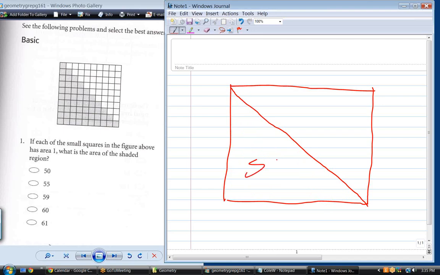We know this is 50, but there's this part that's additional, and that entire diagonal. So how much extra do we have above 50? 5. Yes, because we have half of these 10 diagonal squares here. We have an extra half of each. So 10 times a half is an extra 5, so we have a total of 55.